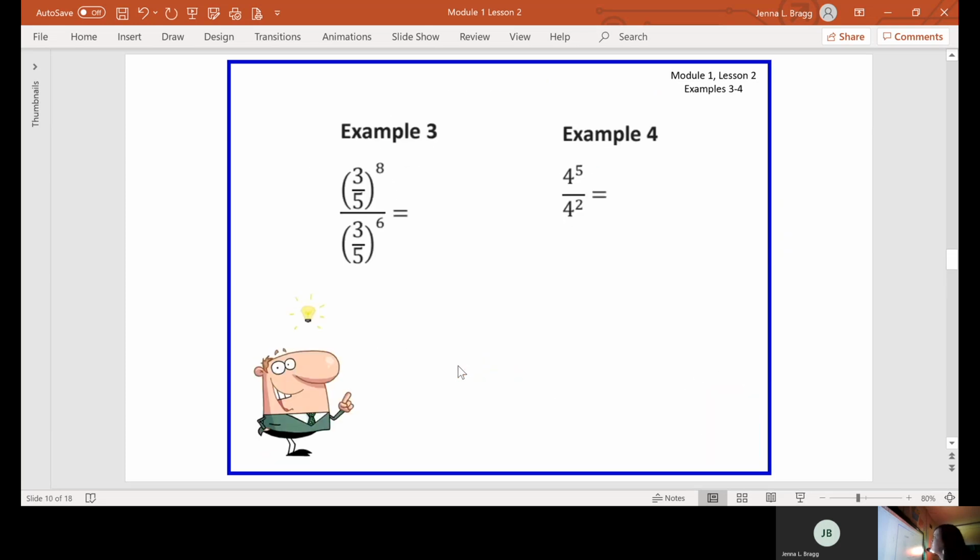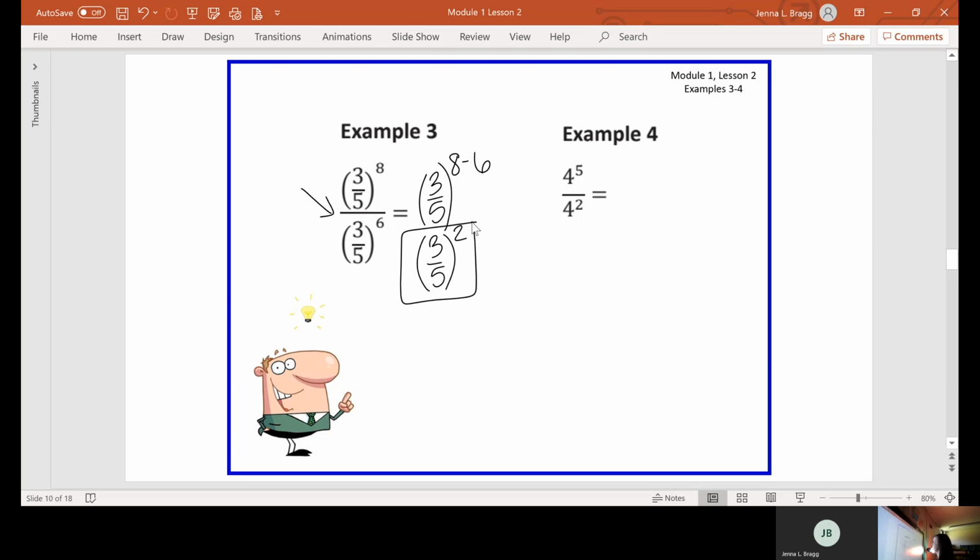So example 3, we're dividing 3/5 to the 8th by 3/5 to the 6th. I keep my base of 3/5. And since I am dividing, the line means divide, I subtract 8 minus 6. I would get a final result of 3/5 to the 2nd power.